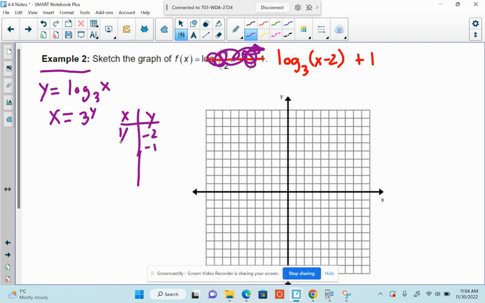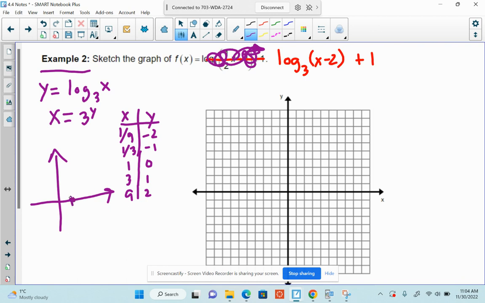So it's 1/9, 1/3. When y is 0, x is 1. When y is 1, x is 3. When y is 2, x is 9, and so forth. So we have that graph that looks like this.